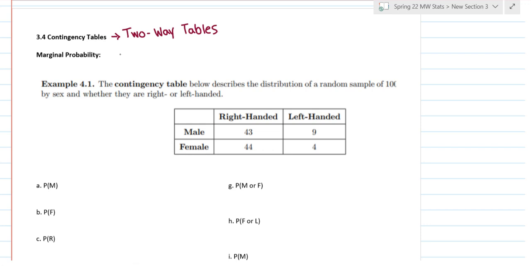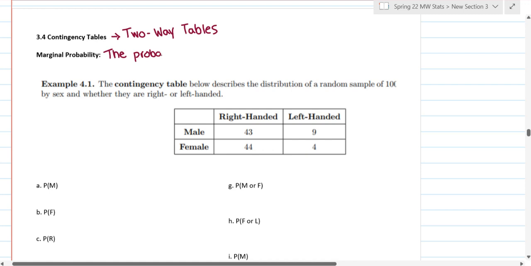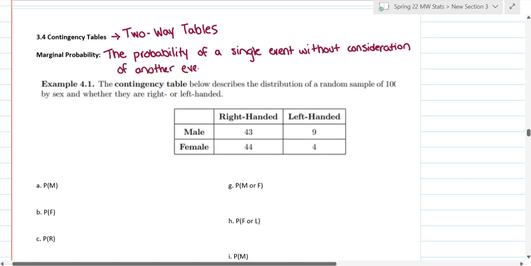So marginal probability is going to be the probability of a single event without consideration of another event. Okay, so it's just a single probability, and this is really just more of a vocab question for you guys.